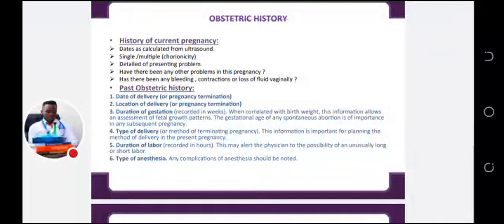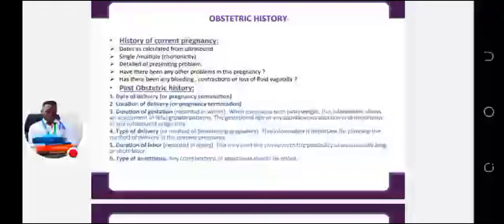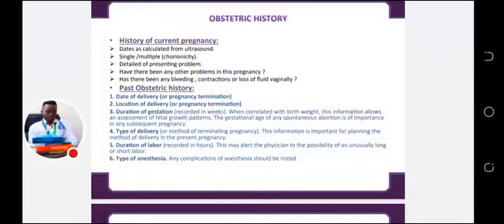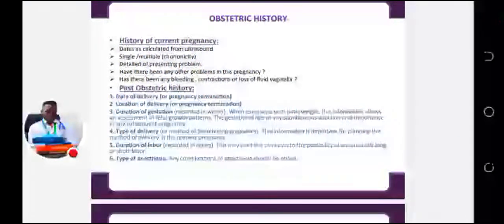Then also the past obstetric history. There are six things that you need to consider under the past obstetric history. The date of delivery or the pregnancy termination is also very important. Location of the delivery or the pregnancy termination. Duration of gestation. How long did the gestation take?